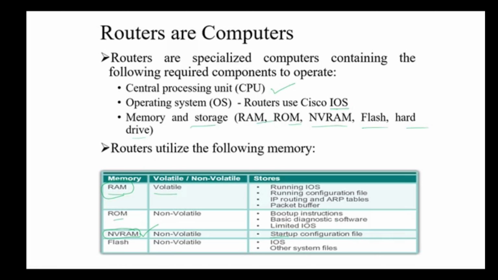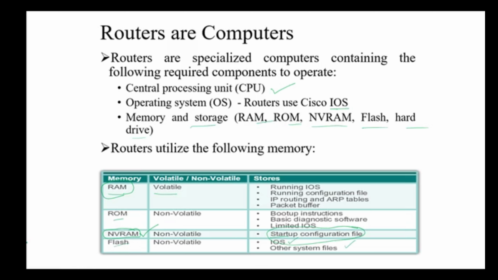Once the router starts or reboots, it will load that file into the system configuration, or you can say the running configuration. And lastly, the flash contains the IOS and other system files.